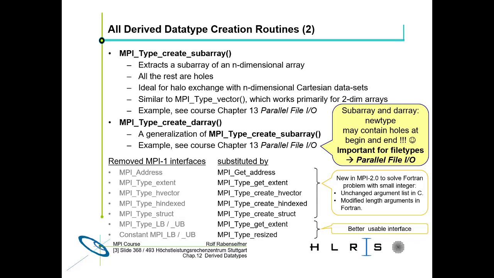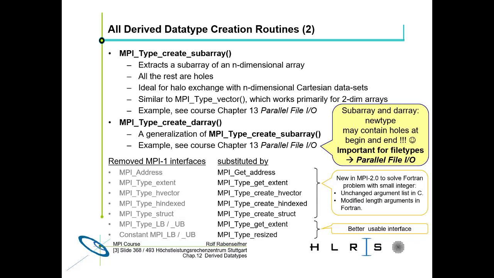So it's quite similar to MPI type vector, which would work primarily for 2-dimensional arrays. You could view subarrays as the multi-dimensional extension of that. And we'll see an example in the next chapter.